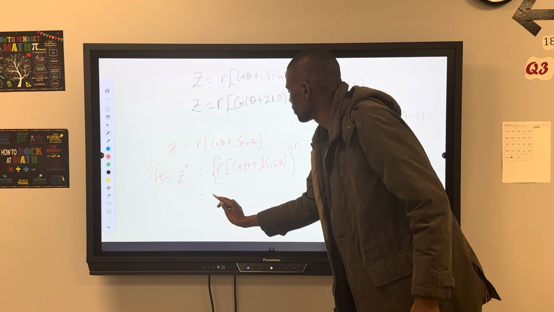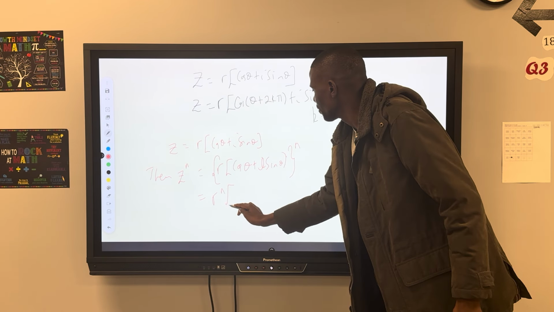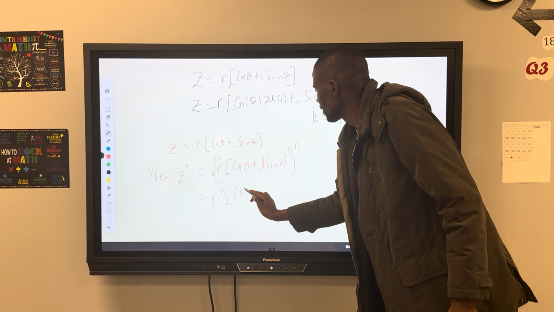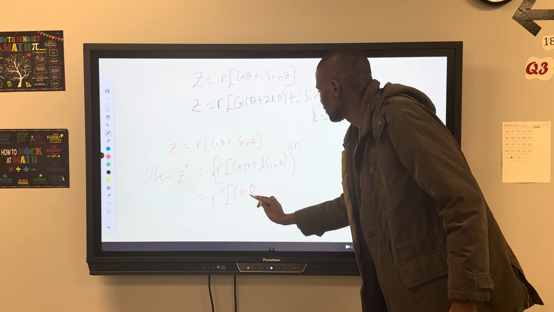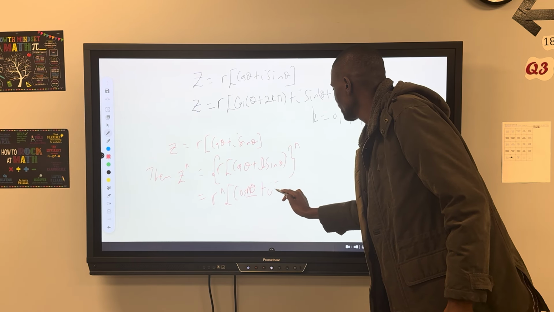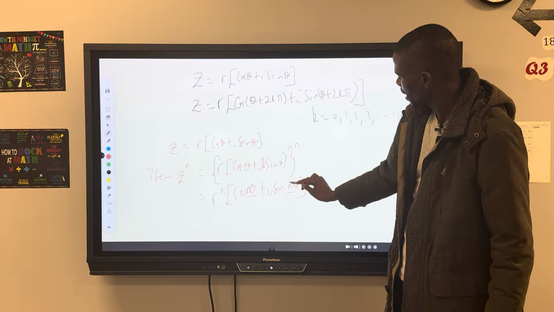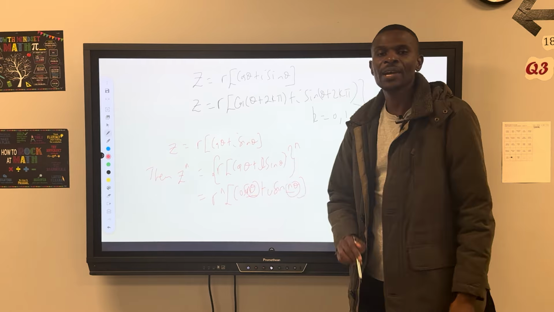But r is going to be affected directly by this exponent. Now, De Moivre's theorem just affects the angle. So I'm going to multiply here, plus i sine n theta. So this exponent will come and affect the angle, our argument.